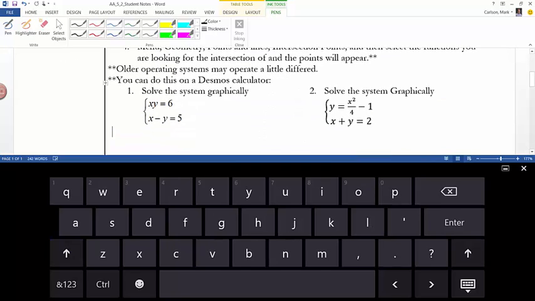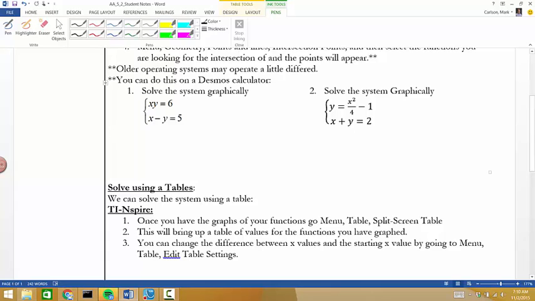So really what I'm left with is y equals 6 over x. And in the bottom equation, if I solve that for y, that would be the same as saying y is equal to x minus 5.